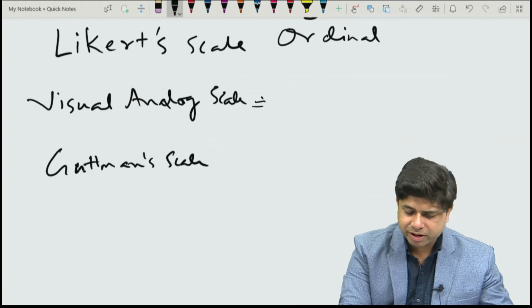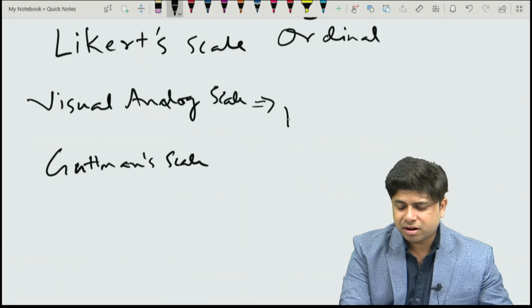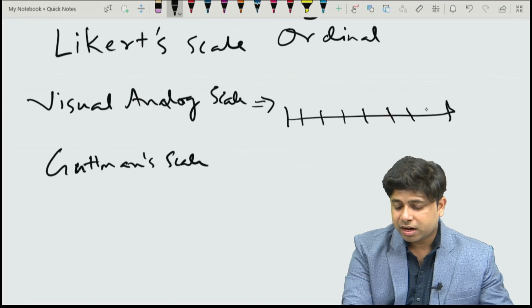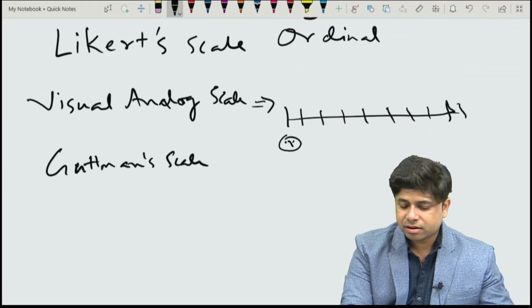Most of you might know the visual analog scale, which is used by the anesthesia people. This is one simple scale having 10 divisions, and each division has a face, a smiling face and so on, down to pain.